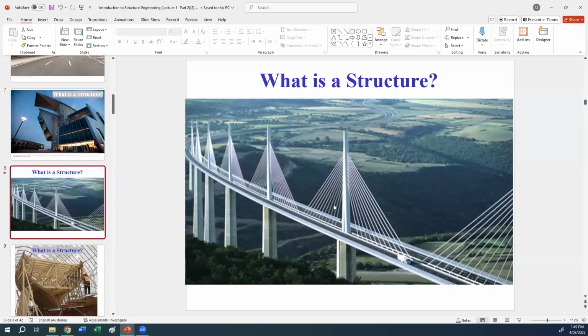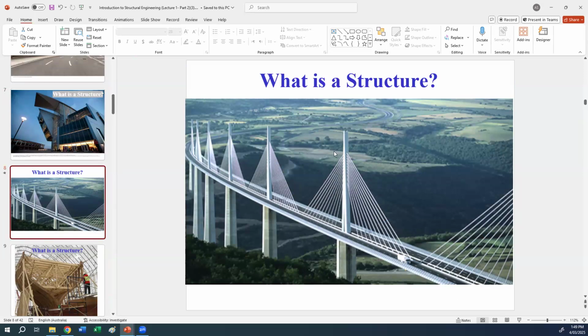And here is another type of structure, which is the cable-stayed bridge. This is a type of bridge. As you can see, the bridge deck is going horizontally, and this bridge deck is suspended to the pylon here in the middle using some cables. That's why it's called a cable-stayed bridge.